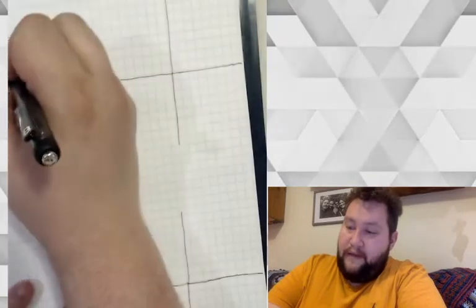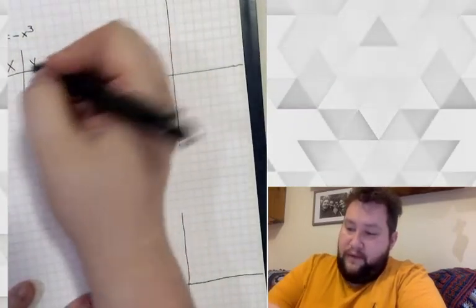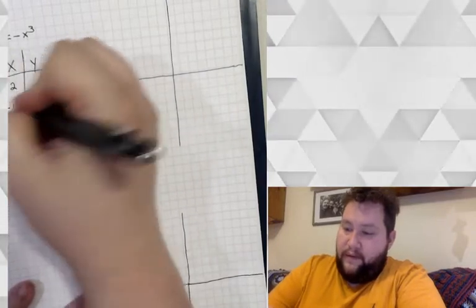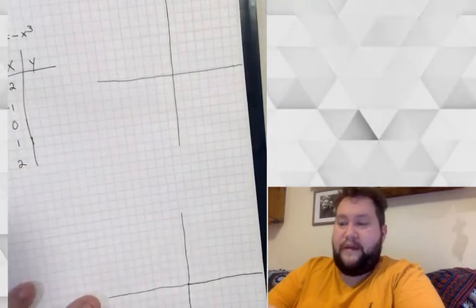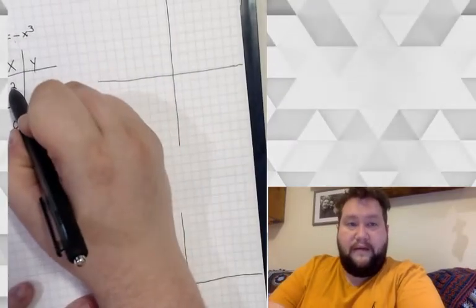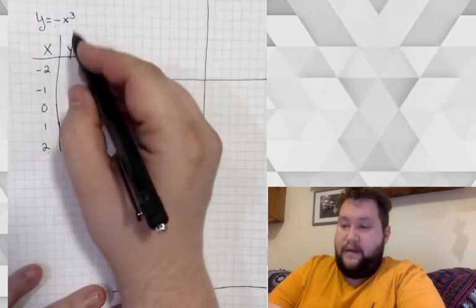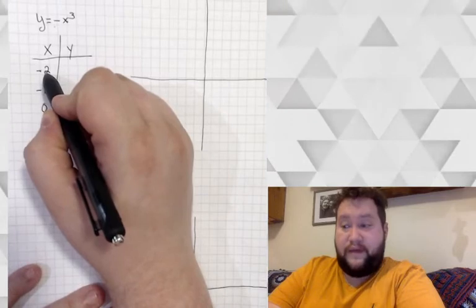And I have x and y: negative 2, negative 1, 0, 1, 2. We're going to take the negative of its cube, so 2 times 2 is 4, times 2 is 8. But negative 2 times negative 2 is positive 4, times negative 2 is negative 8.